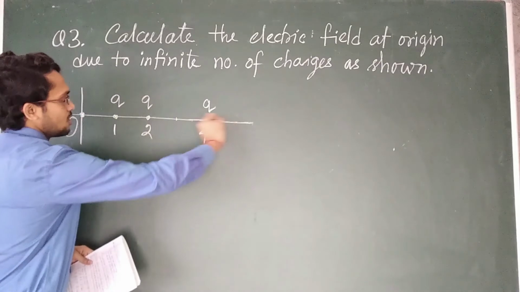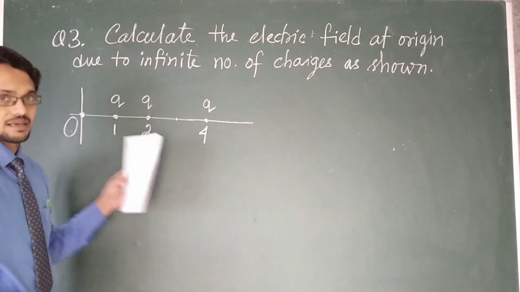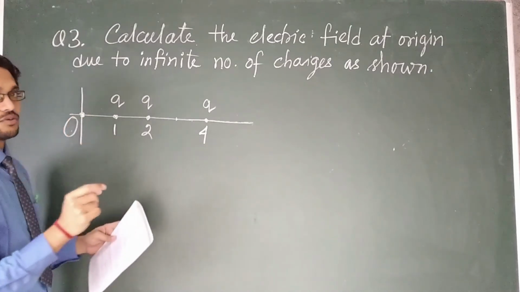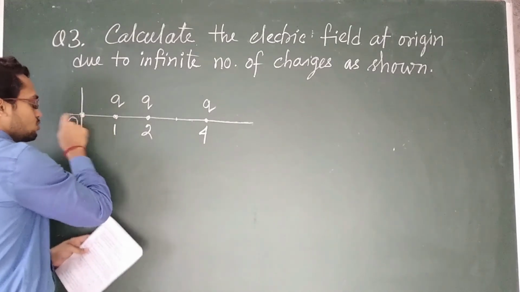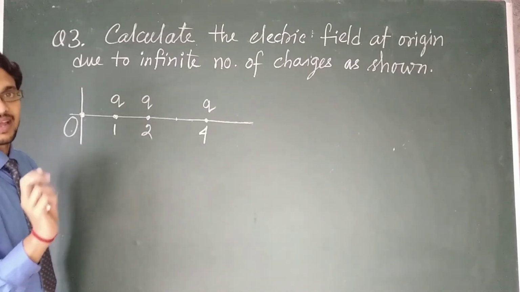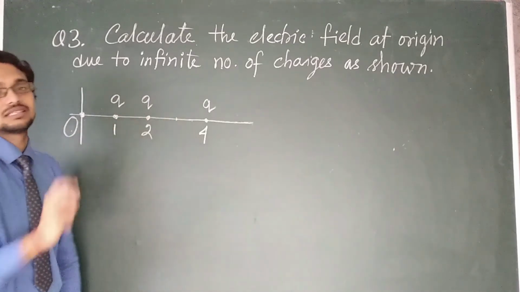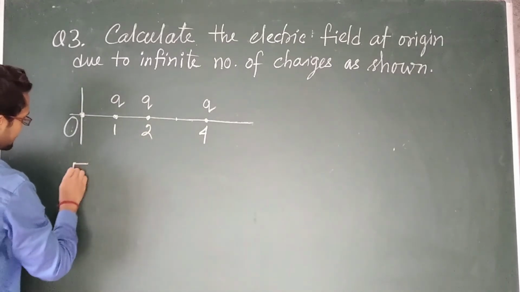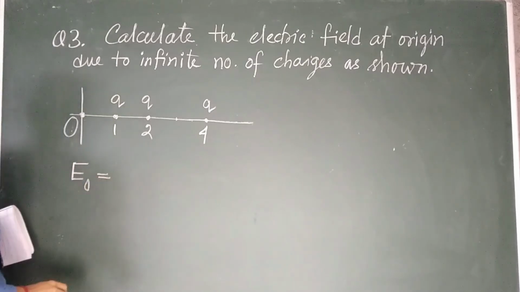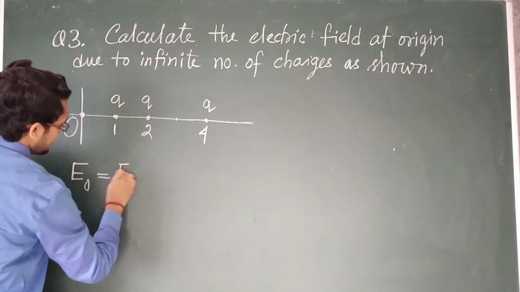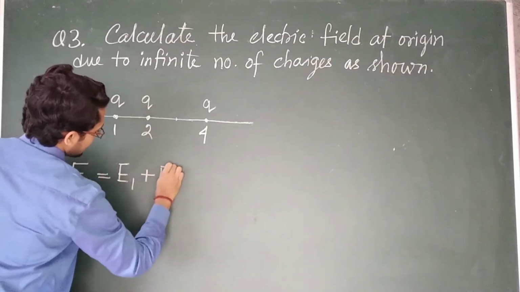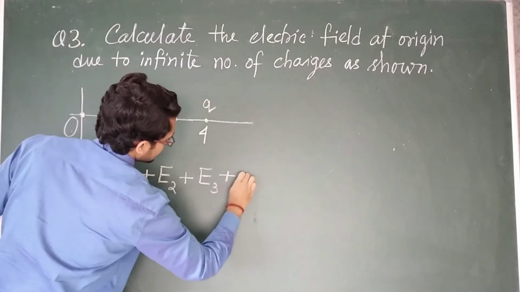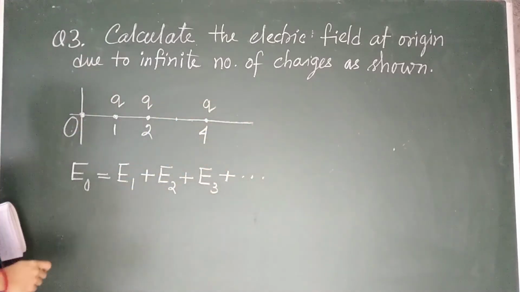As all the charges are lying on the same line, when you calculate the electric field at point O, you will just add the electric fields due to the individual charges. So what will be the electric field? E at O is equal to E due to first charge plus E due to second charge, E due to third charge, plus dot dot dot up to infinity.